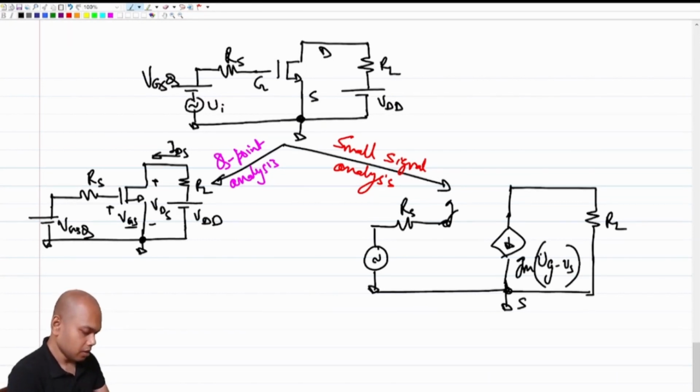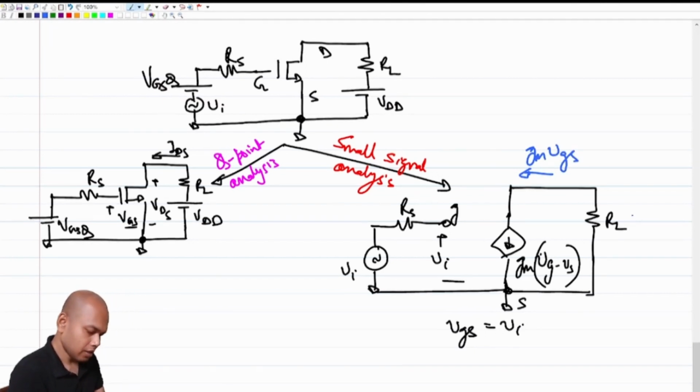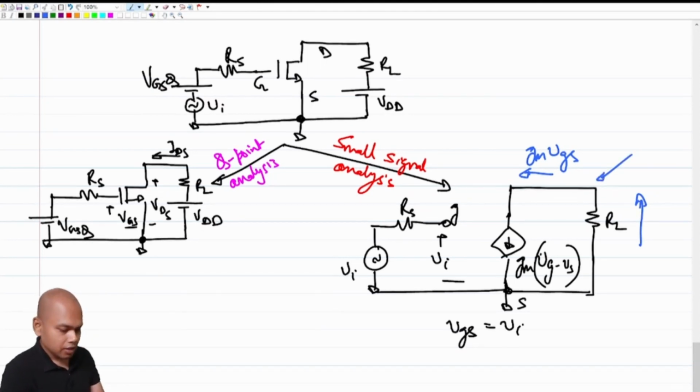Okay. So if we do this analysis, what do we get? We get this voltage to be equal to vi, correct? So which means VGS is equal to vi, which means this current becomes gm times VGS. This current is the same as this current, which means this voltage here is what?